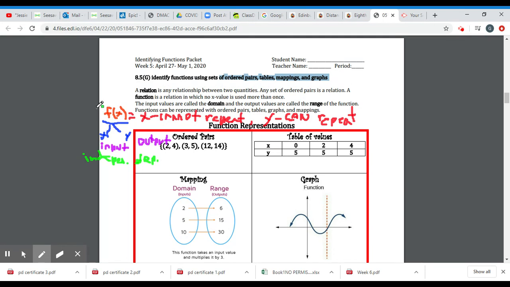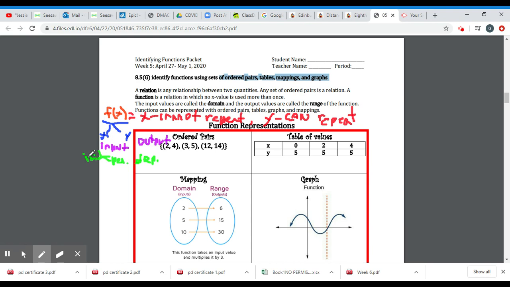So remember that a function is a relation where the x cannot repeat. The y can repeat. Doesn't matter how many times you reuse the y. You have an x and a y value. Your x value is also known as your input and as your independent variable.